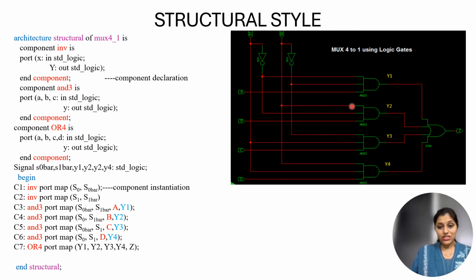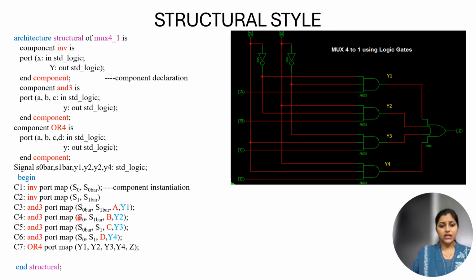Then for my first AND gate, the inputs are S0 bar, S1 bar, A. Here C1, C2, C3, C4 are labels, followed by a colon and the names of the components. Then port map means I am writing the names of my actual inputs and outputs. This is called component instantiation. The first AND gate is port map S0 bar, S1 bar, A. These three are inputs and the output of the first AND gate is Y1.